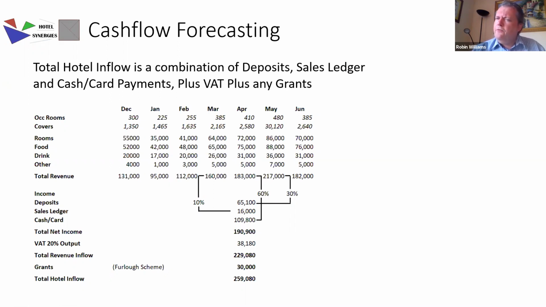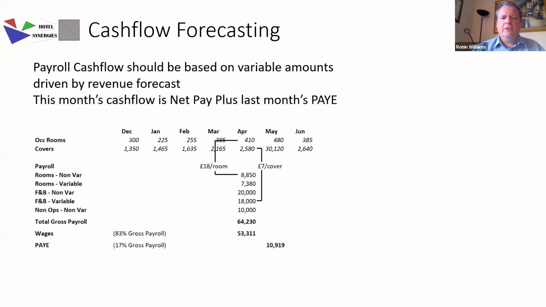You will learn that for your hotel, there is quite a strong relationship going forward for every month to be sort of the same sort of spread of those payments. And that will help you to make an assumption that will drive your cash flow.